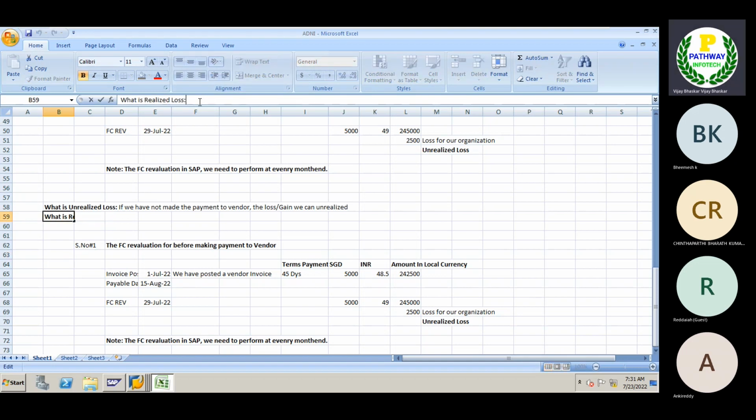While making the payment, when we make the vendor payment, then we need to calculate the FC revaluation.